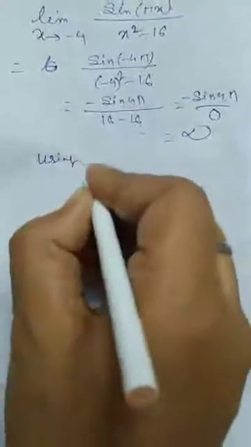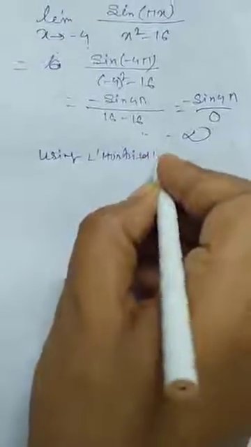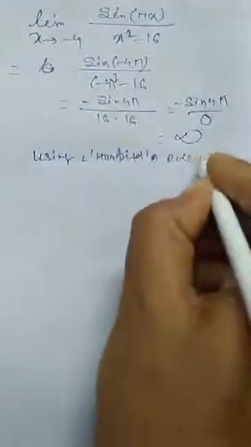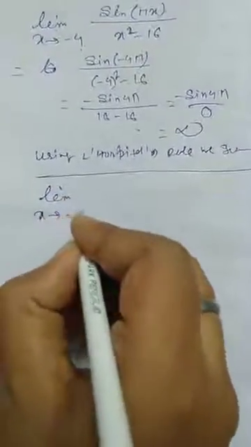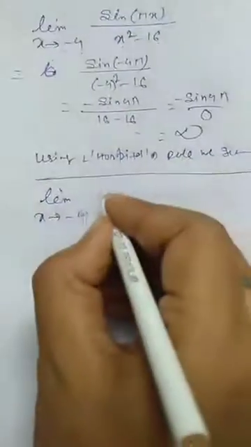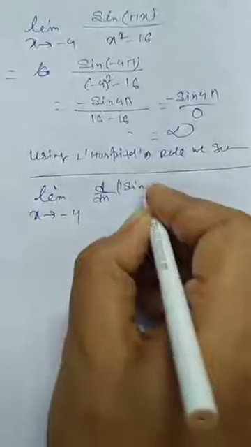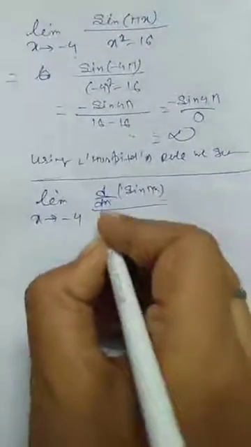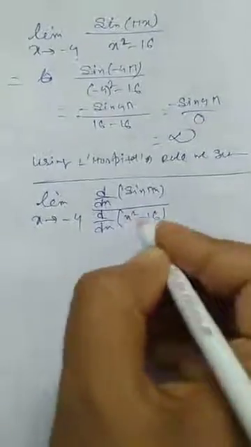Using L'Hospital rule, we get limit x tends to minus 4 derivative of sine pi x by derivative of x square minus 16.